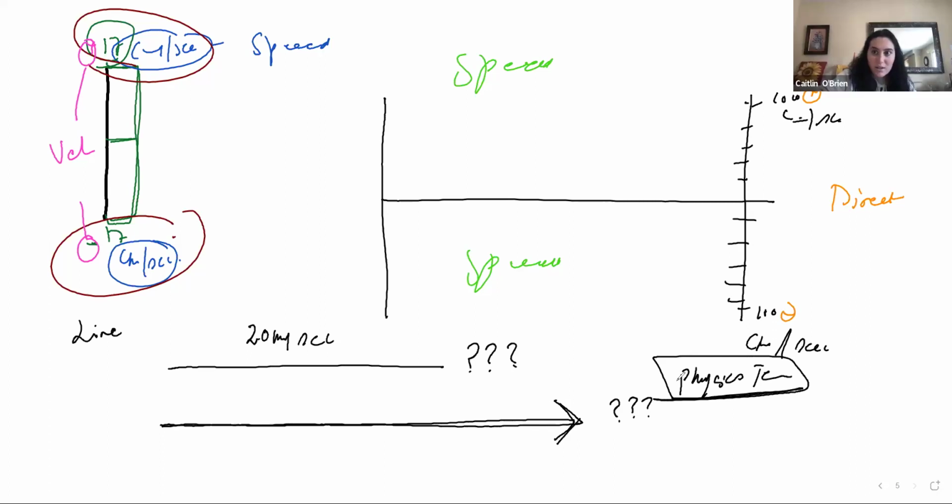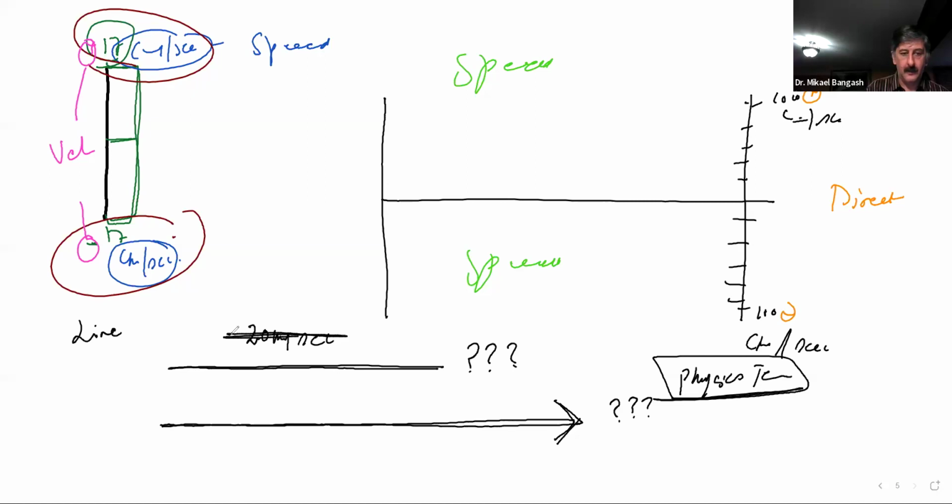Direction, velocity. What are you looking for? This was a line. Okay. Forget the speed. This was a line. What do we call this in physics?